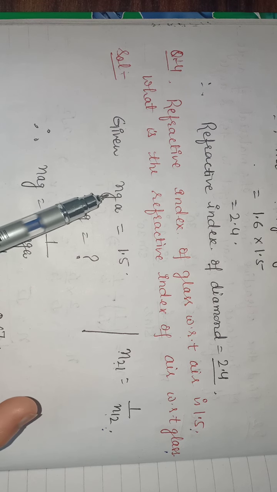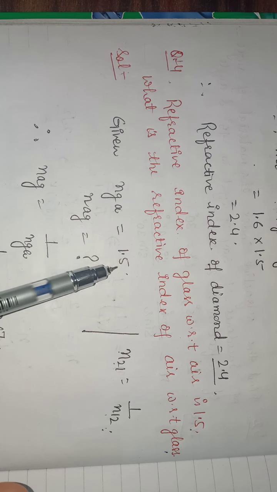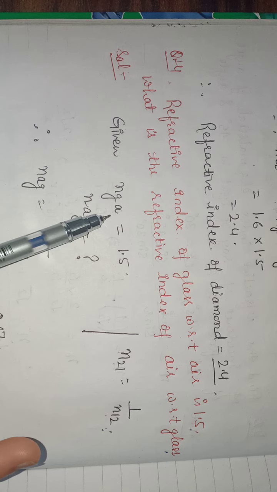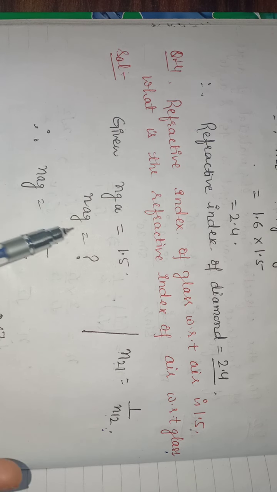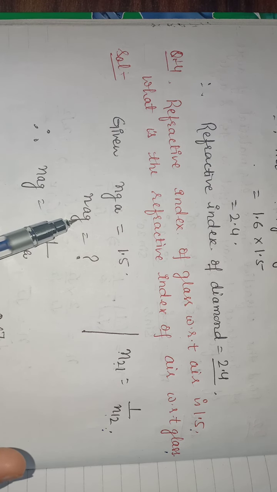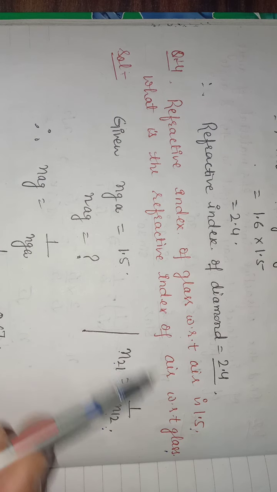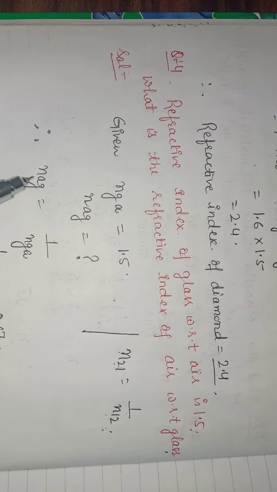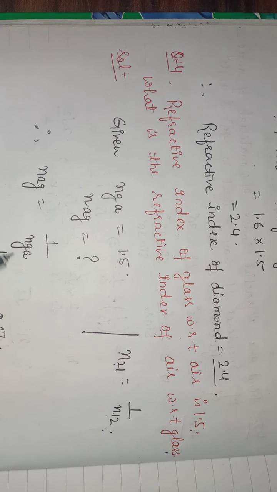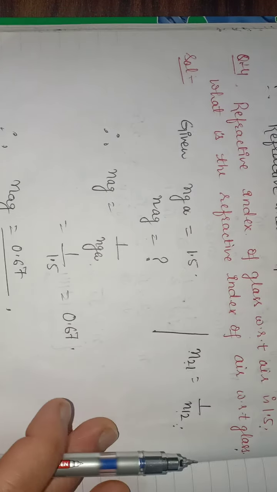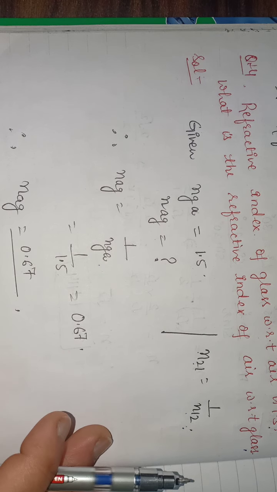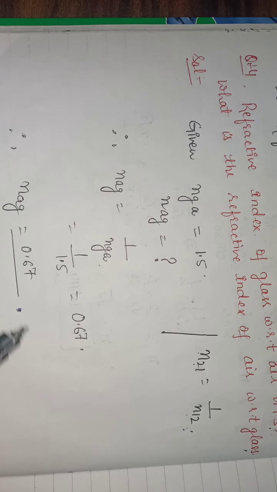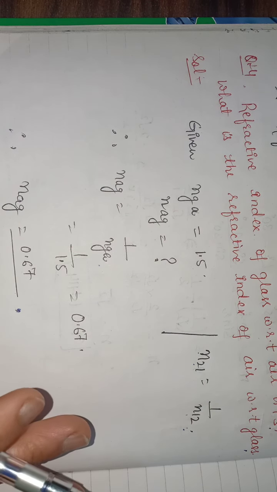Here it is given as 1.5, glass with respect to air. Now we want to calculate the opposite of it, air with respect to glass. Then use this formula, it is a reciprocal. NAG is equal to 1 upon NGA. Substitute the value. We will get the refractive index, that is 0.67. So students, it is all about the numericals of refractive index.